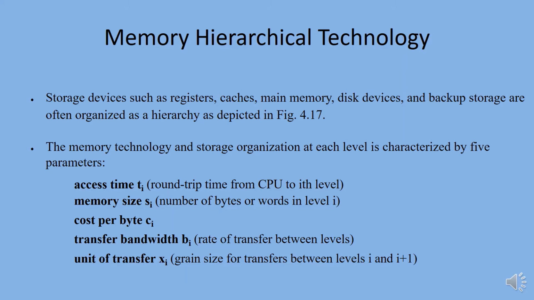Memory size is the number of bytes or words in level i. Transfer bandwidth is the rate of transfer between levels. Unit of transfer is the grain size for transfers between level i and i plus 1.